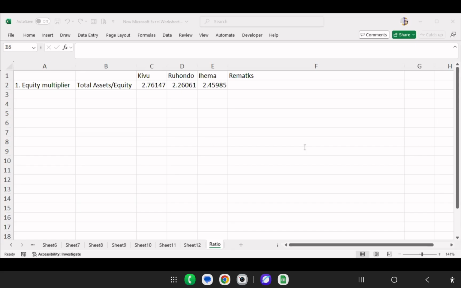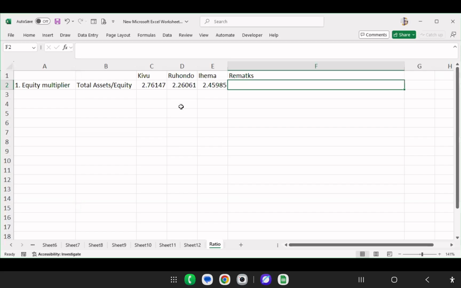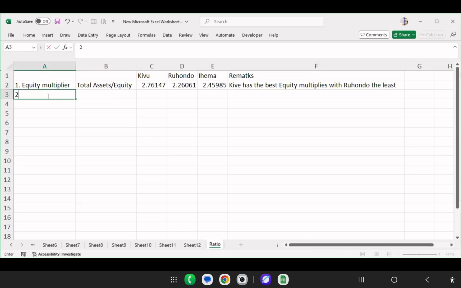So to keep it short, we can say that for the equity multiplier, Kivu has the best equity multiplier, with Ruhondo the least. Then we go to ratio number 2.